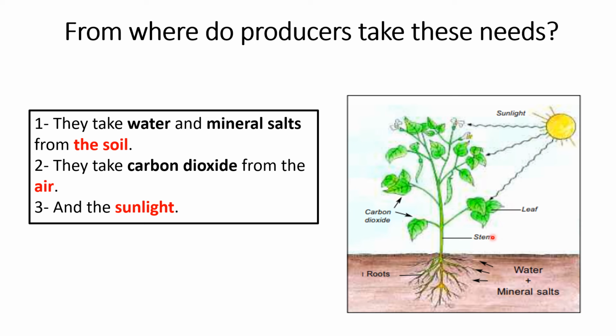What are the needs, for example, for this plant? The needs of this plant are water, mineral salts, carbon dioxide, and sunlight. This plant takes water and mineral salts from the soil by its roots, and takes also carbon dioxide from the air in the presence of sunlight.